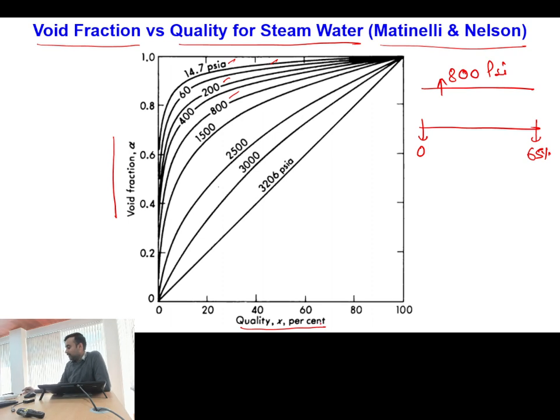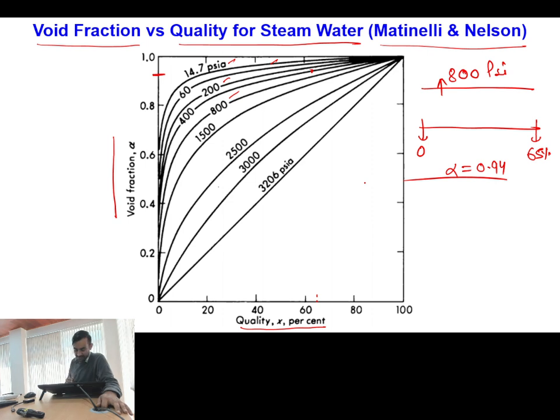How can you calculate it? You refer to a quality of 65%, you refer to the 200 curve, and corresponding to that you get a value of say alpha equal to 0.94 or 0.95, whatever you want. So this is how you can use this plot.